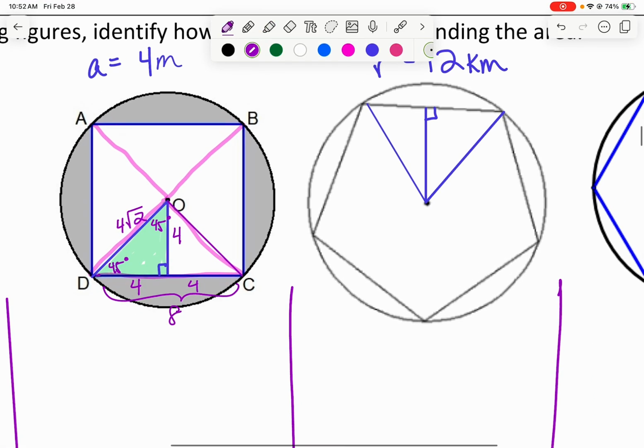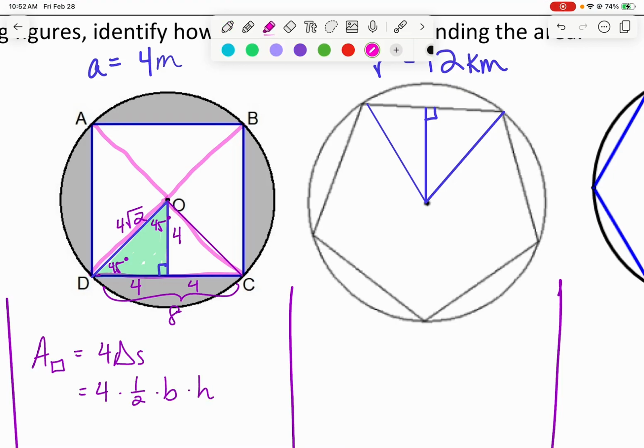So now we're going to do area of the whole square is equal to 4 triangles. So I'm going to do 4 times 1/2 times base times height of, again, remember we're looking at the whole pink triangle, right? This whole triangle. And so then we can plug in.